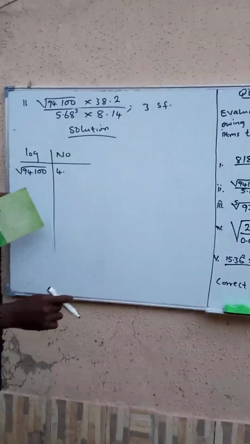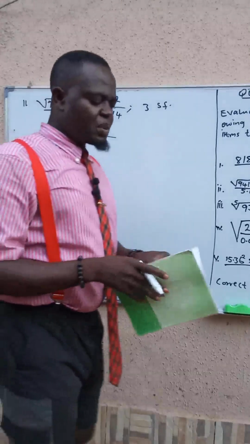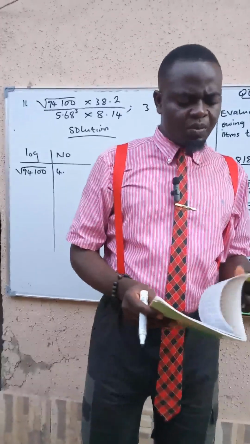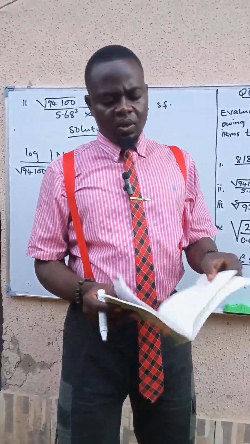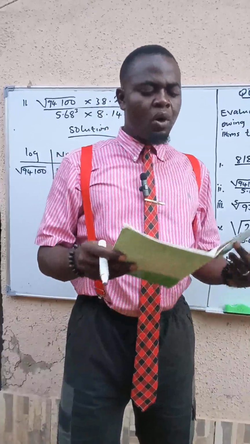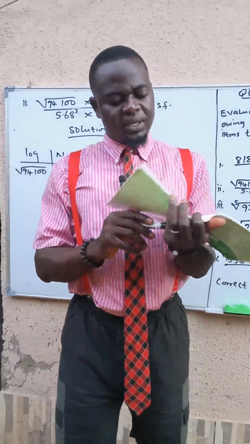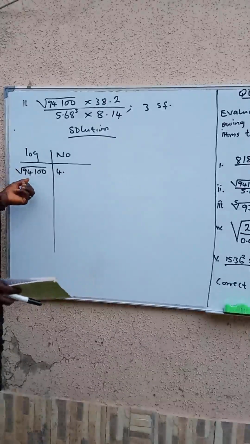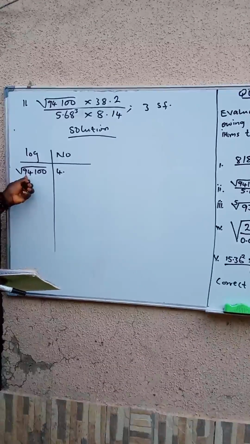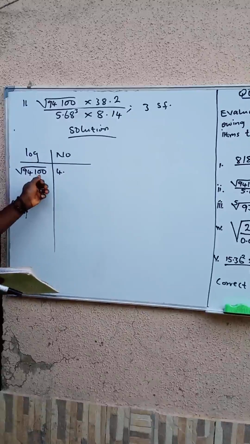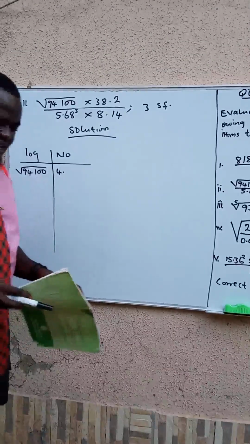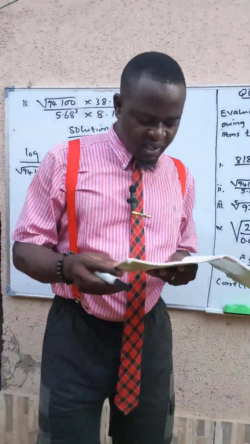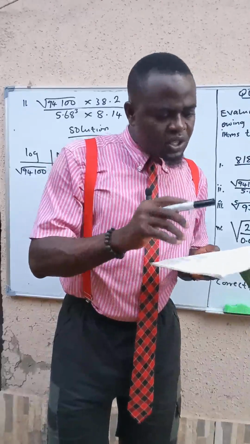So what will I do? Now, this mathematical table, if you look at it, you see a place that writes logarithm of numbers. Now, this very one, how do we read it? Log 94 under 1, difference 0. In this case, 94 here, you see 0.